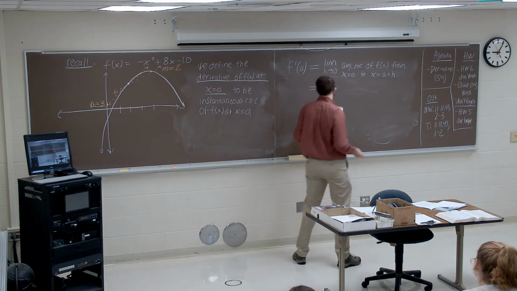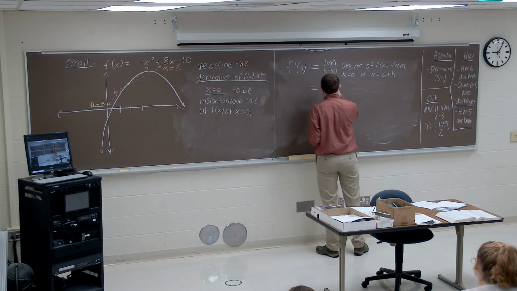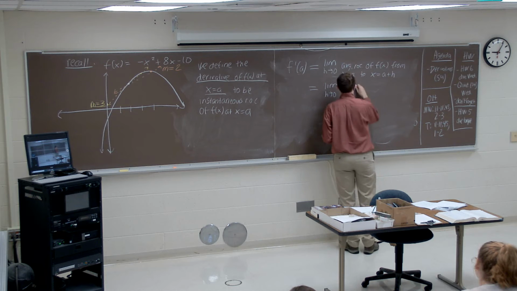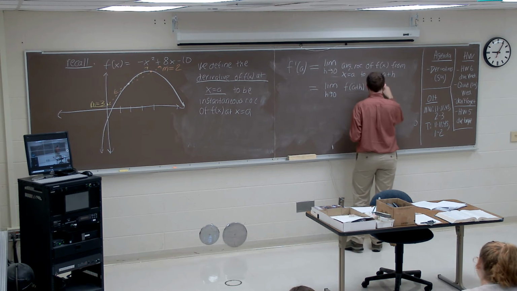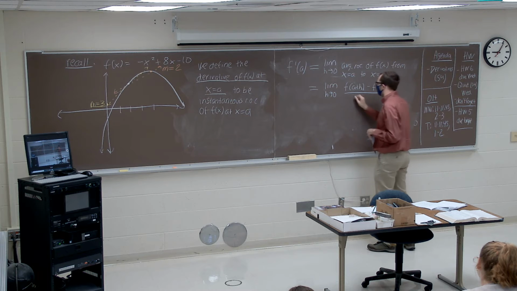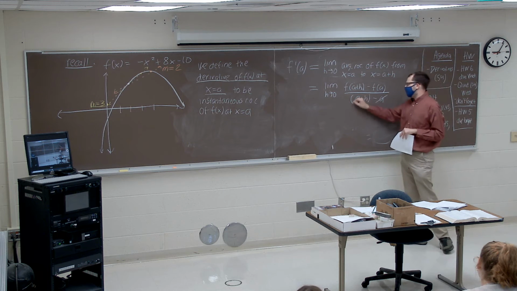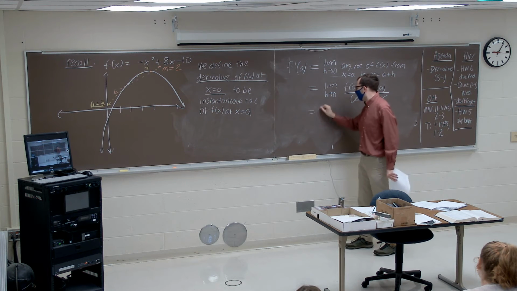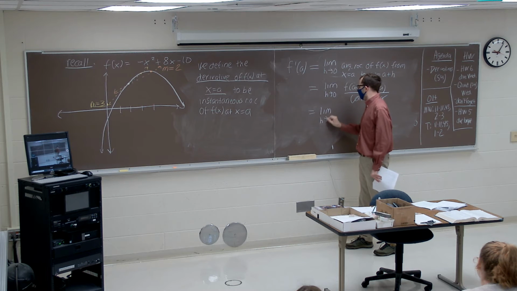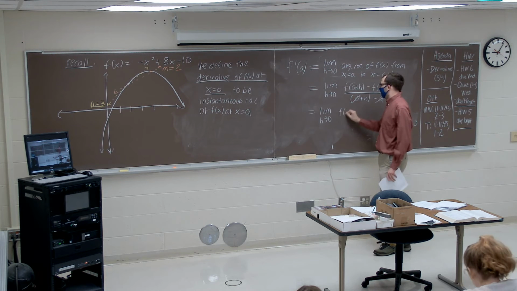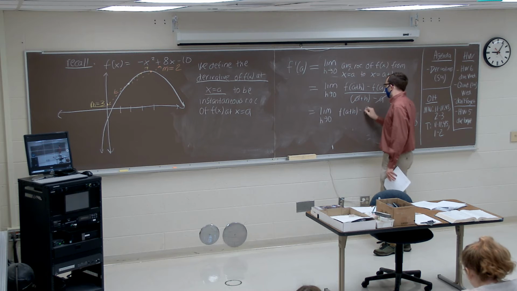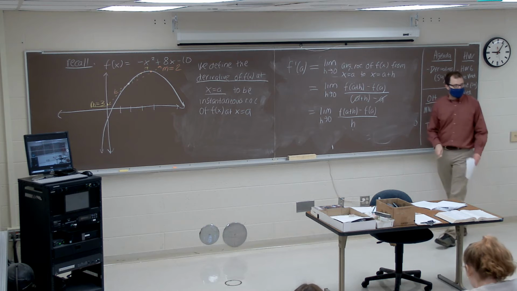Which, when we write this all out, is going to be the same as taking a limit as h goes to 0 of f of a plus h minus f of a all over a plus h minus a, and then the a's in the denominator will cancel out, and what we'll be left with is just going to be a limit as h goes to 0 of f of a plus h minus f of a all divided by h.